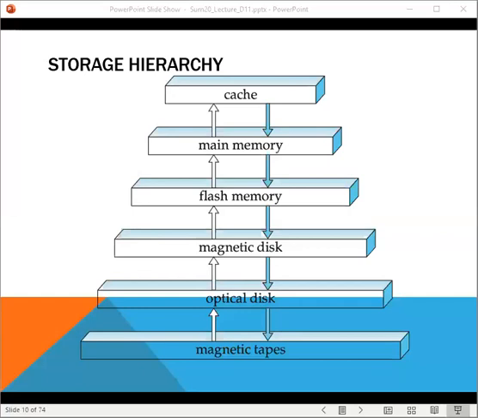Magnetic disc was used for your standard transaction operations, and then you had flash memory for storing things, perhaps like an operating system that you knew you're going to be reading in all the time, and it could be read in quickly. Main memory, very fast, and then cache memory is super fast.